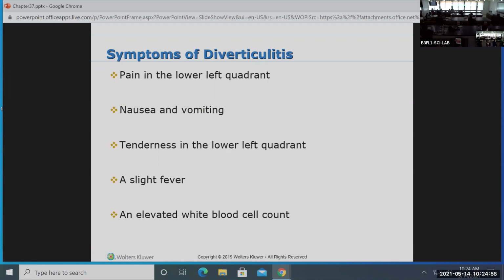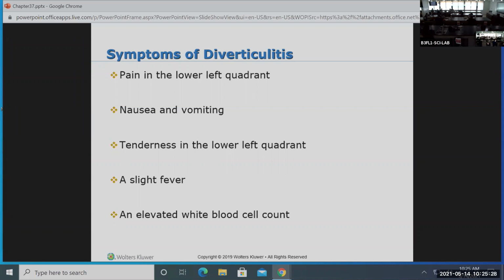Now, this is diverticulitis, or diverticular disease, diverticulosis. Symptoms: pain in the left lower quadrant. Patient may complain of nausea and vomiting.